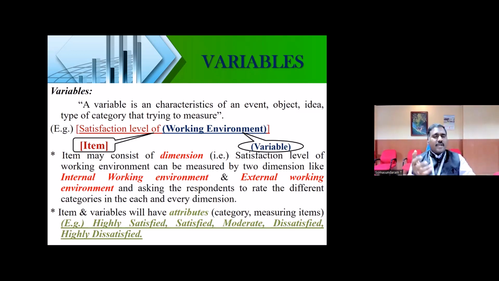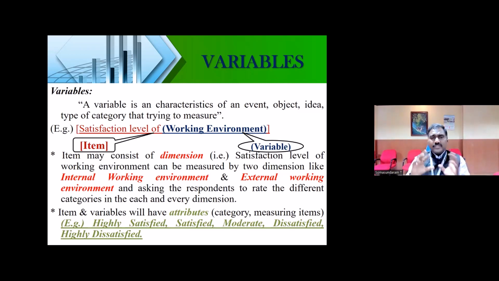So for example, I want to measure the level of satisfaction with the working environment. So work environment is one important variable. That work environment will have different dimensions. Whether I want to measure the internal work environment or the external. For example, you want to do this research on sales executives. Your target respondent is sales executives. Most sales executives work both internally and externally. They work inside the company as well as outside the company, right?